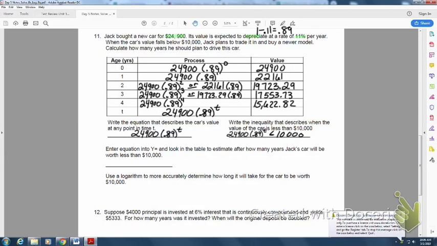So we can do this one of two ways. Actually, there's three ways you could really do it. The first way we talked about is we would put in y1, we would put 24,900 times 0.89 to the power of x. In y2, we would put 10,000.